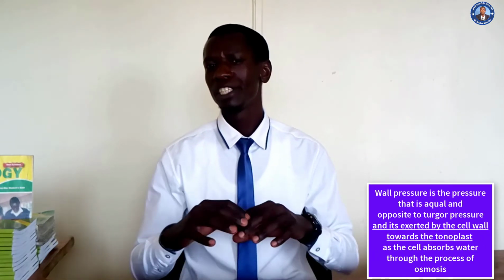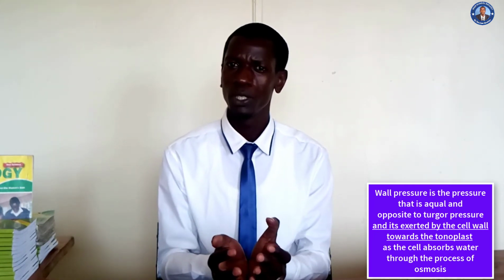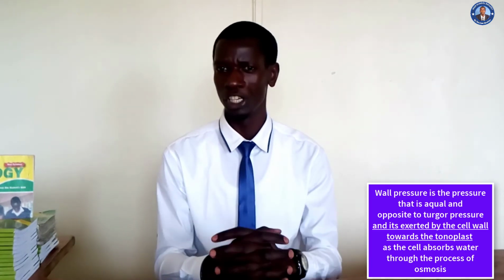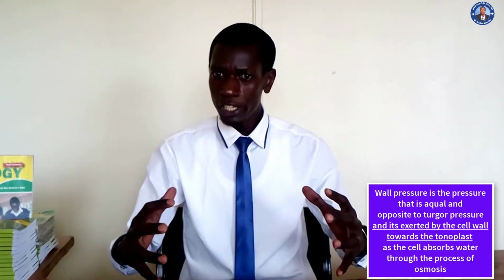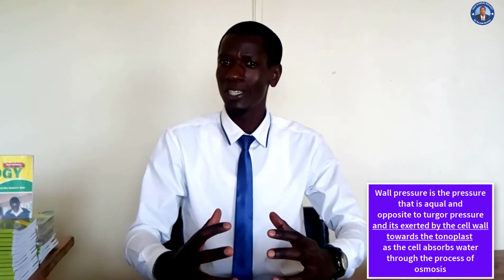Wall pressure can therefore be defined as the pressure that is generated from the walls, and it is equal and opposite to the turgor pressure. So it is equal and opposite in the sense that it is acting against turgor pressure.